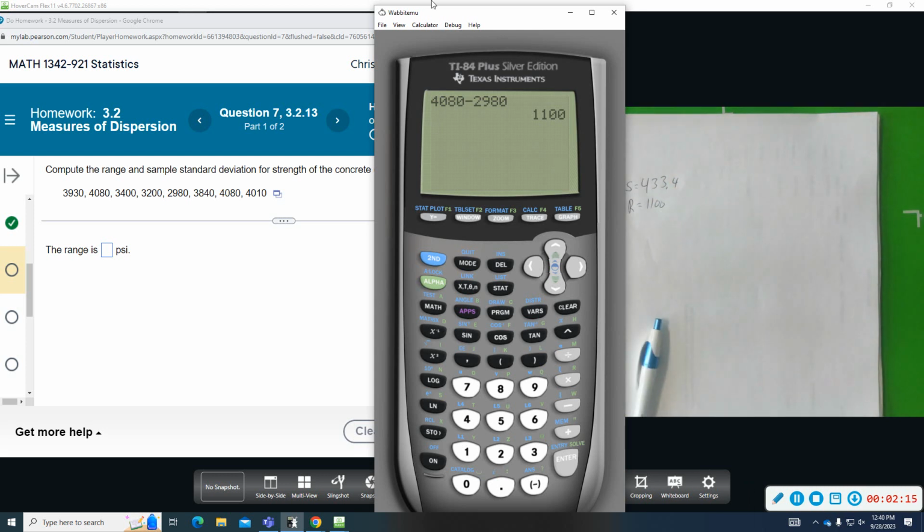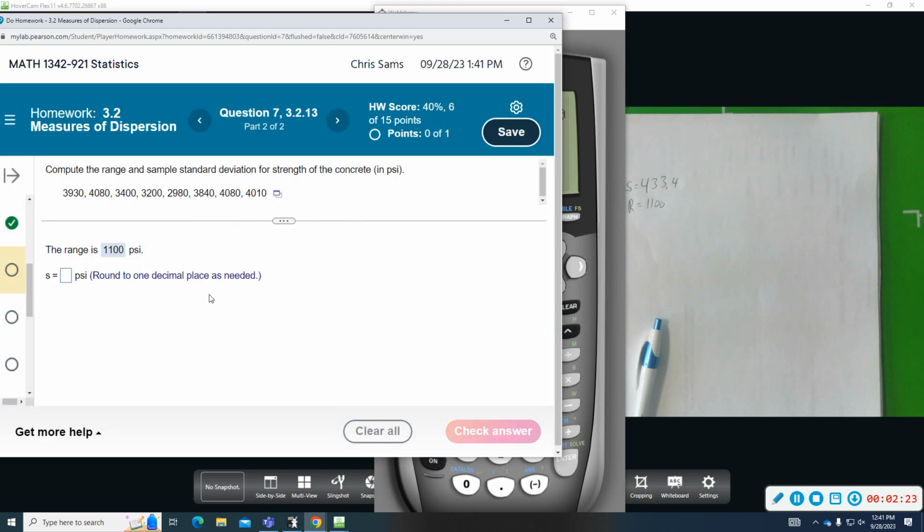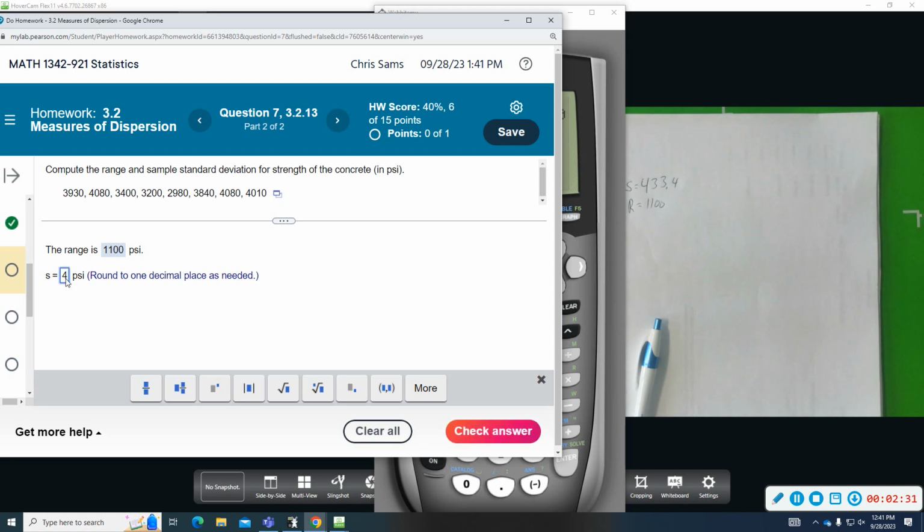Okay. So these are the two measurements we're looking for here: 1100, and then rounded to one decimal place, 433.4.